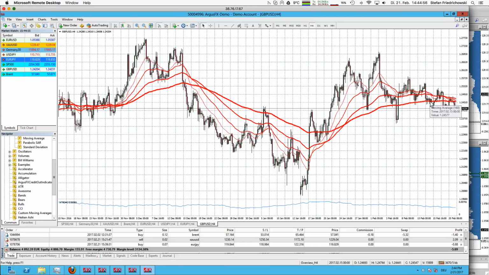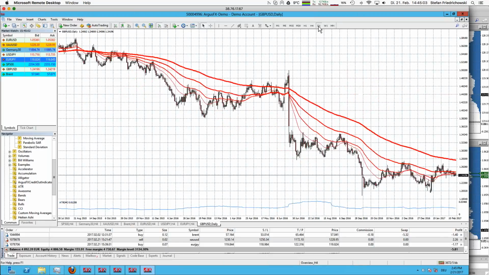So it does not really look like a trending behavior. We know I now change here to the D1 chart back. So really looking to the last couple of months, if I would enter a trade, I would only enter a trade to the short direction.